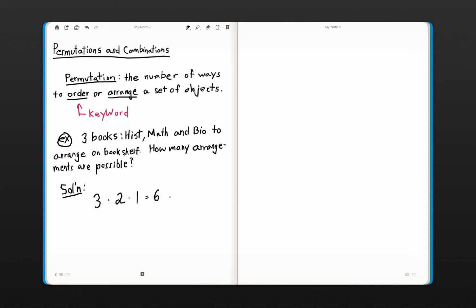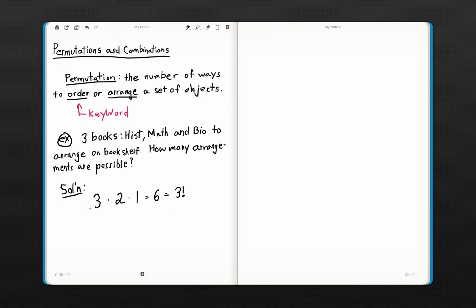Now, this has a special form to it, 3 times 2 times 1, and whenever you see this form with a number starting here and you subtract 1 from each value afterwards, this is written mathematically as 3 factorial, with an exclamation point after the 3.